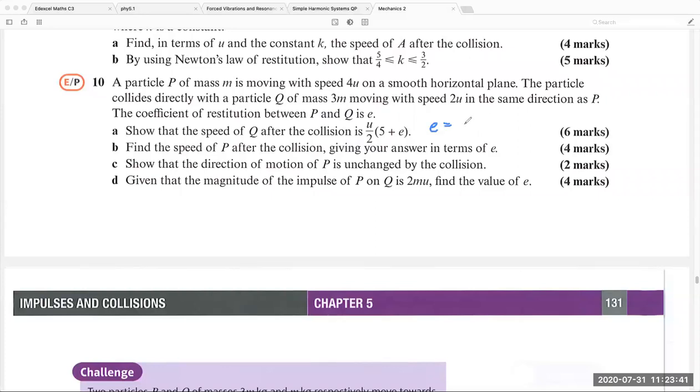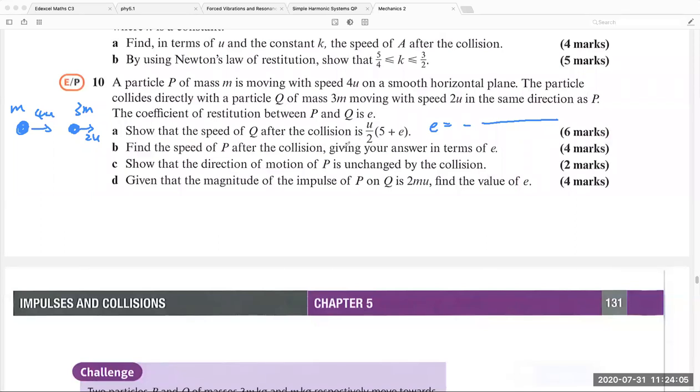impossible lah. So it's always better for you to draw the diagram first. For part A, how to show that the speed of Q after collision is this one.